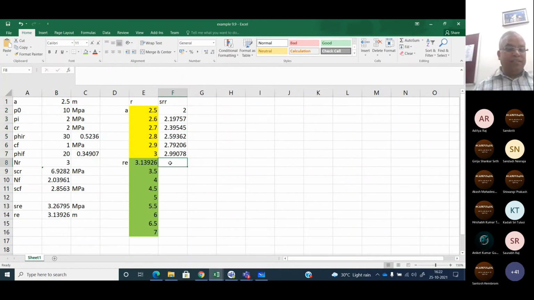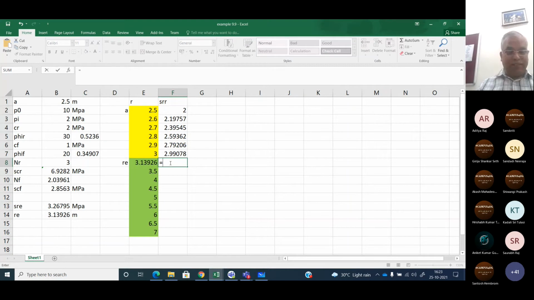Now from here, I'm going to use the elastic value. I can still use RE as plastic also, it doesn't matter. This is the boundary.